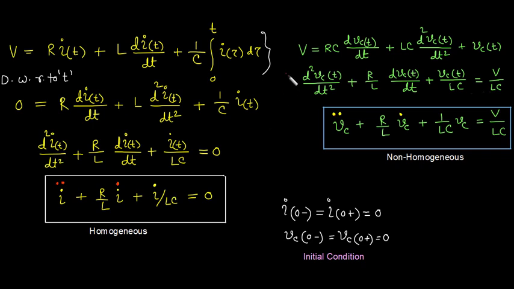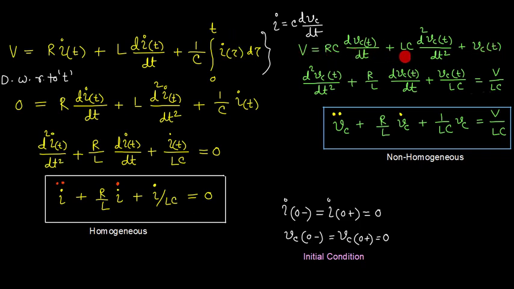If we substitute current with C dVc/dt in the KVL, we get V equal to R i(t), in place of i(t) we write C dVc/dt, so it becomes RC dVc/dt plus L times di/dt. L times di/dt can be written as LC times the double derivative of capacitor voltage Vc, and the last term is simply Vc(t).